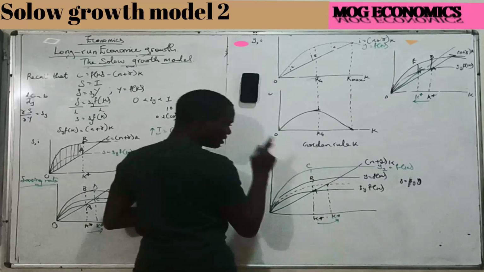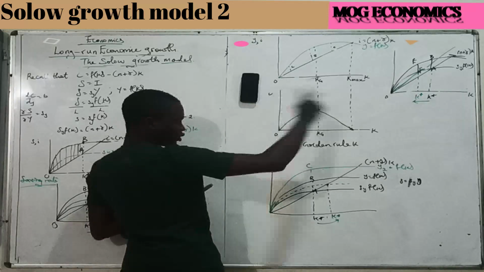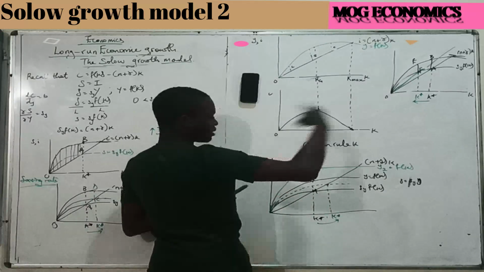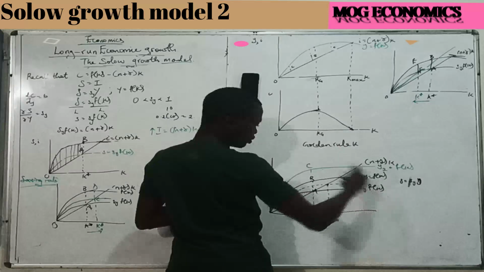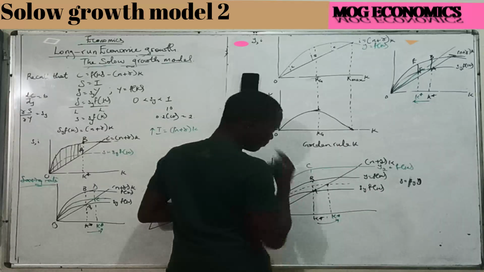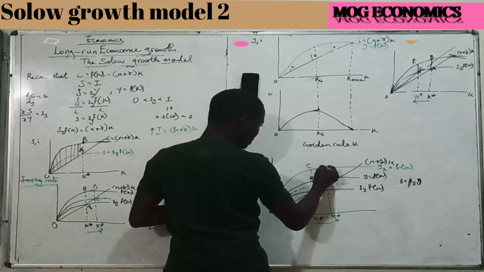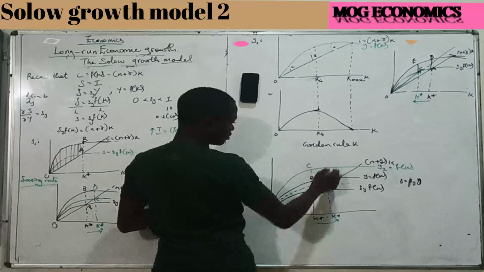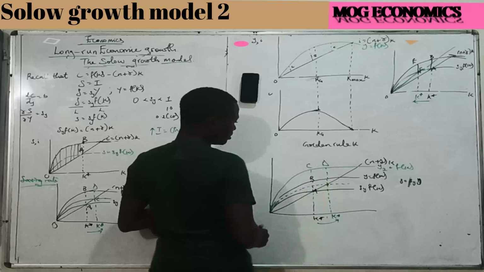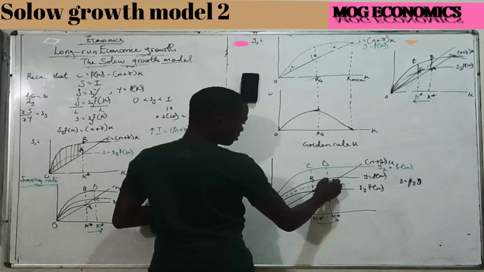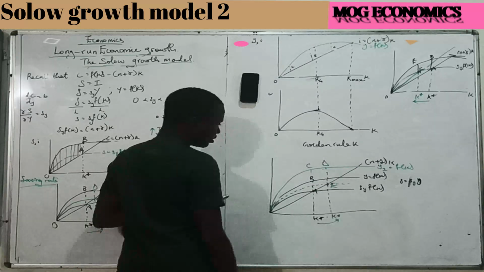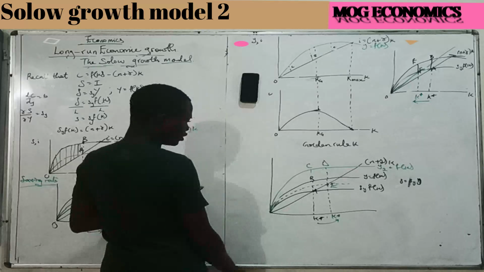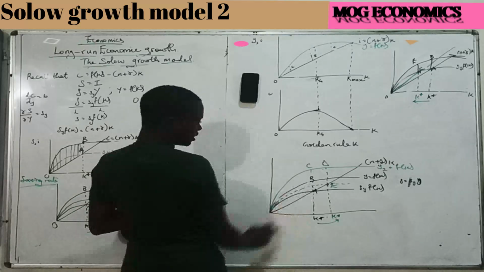You understand? So first thing, output grows. Now, after output has grown, saving grows, and this is the final thing that might happen. So D E. Now instead of enjoying OAB, see how different it is.